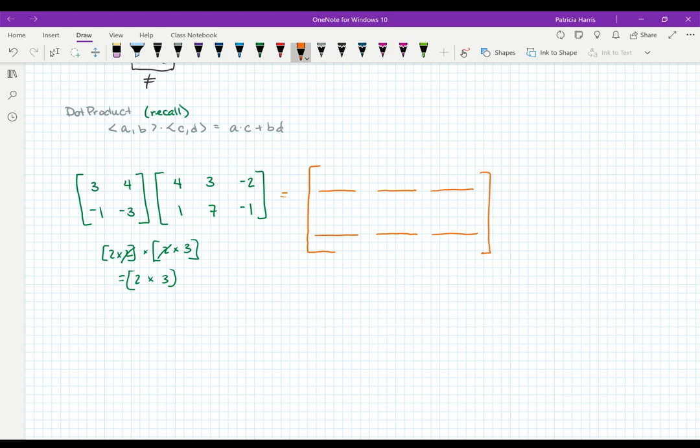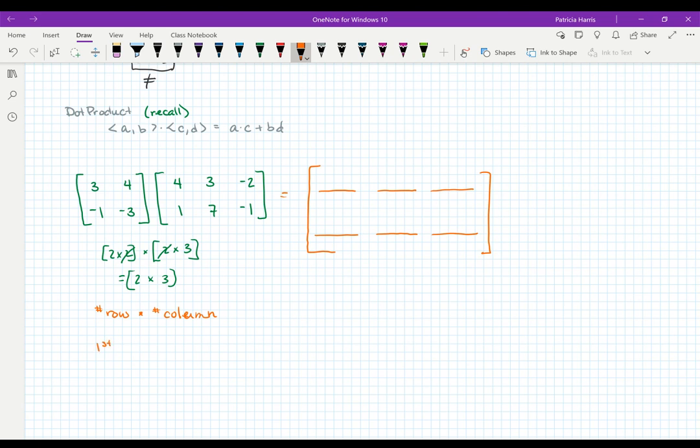Okay, and when you multiply, you're going to multiply first row by first column. So same number of the row by, or dot, the number of the column. So if you do first row by first column, that will give you the first row and first column entry of the product matrix.